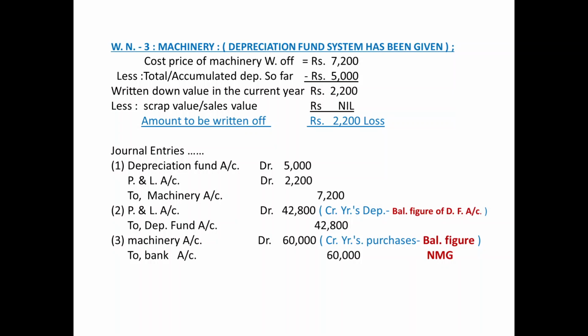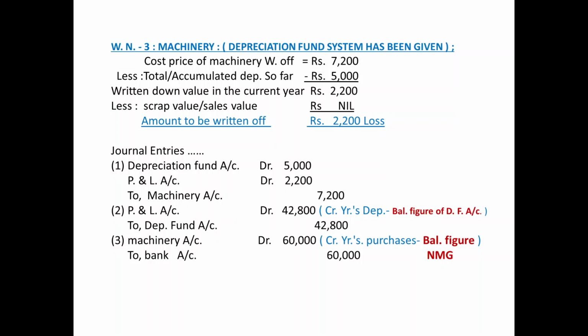Now, we have to take that amount from the opening balance by debiting depreciation fund account and crediting that particular fixed assets account. So these are the main three characteristics of the depreciation fund system that you have to remember, because this system may come in many questions later on.